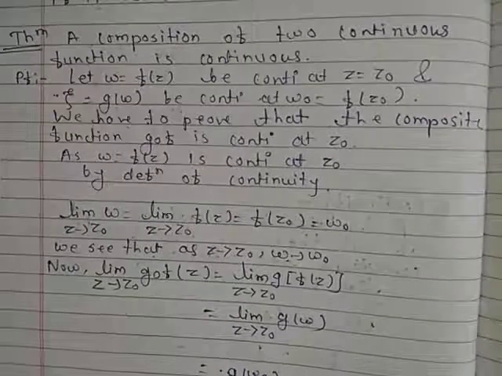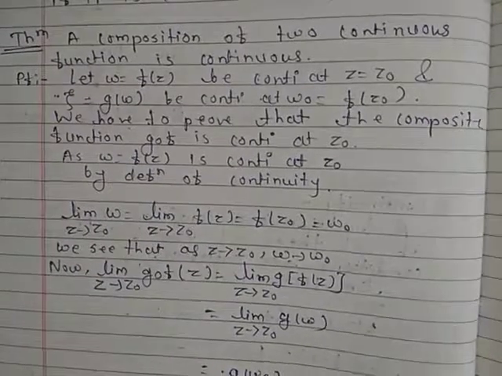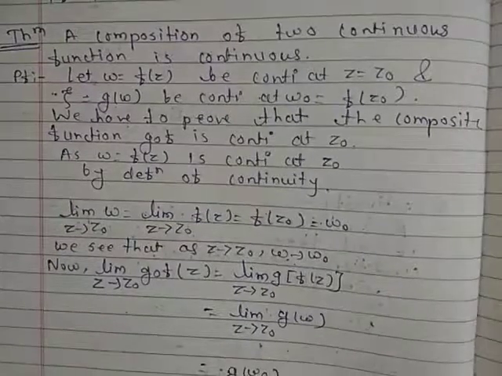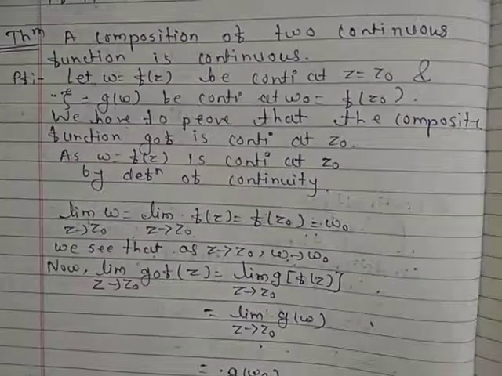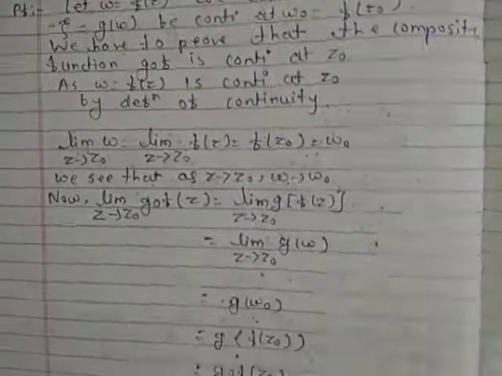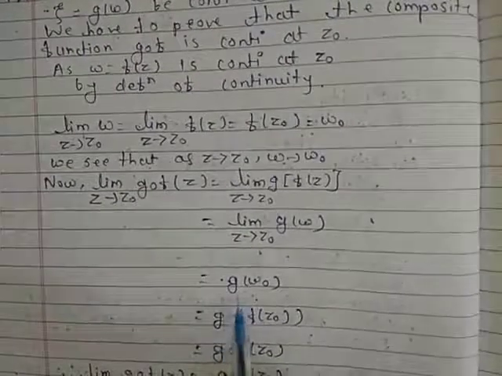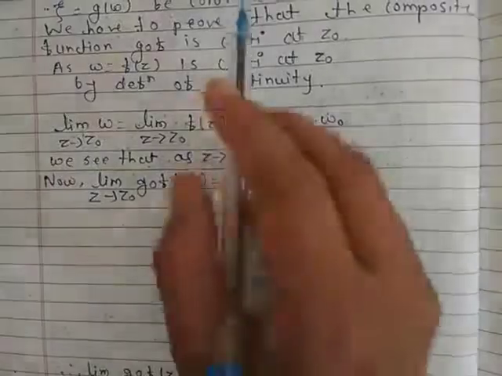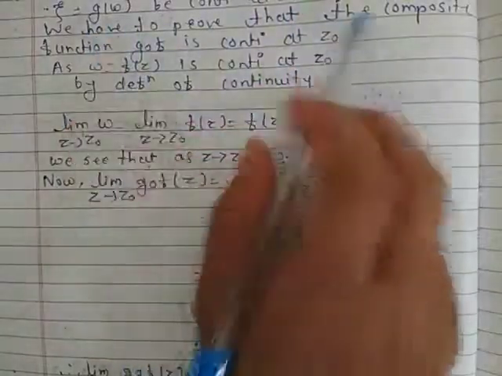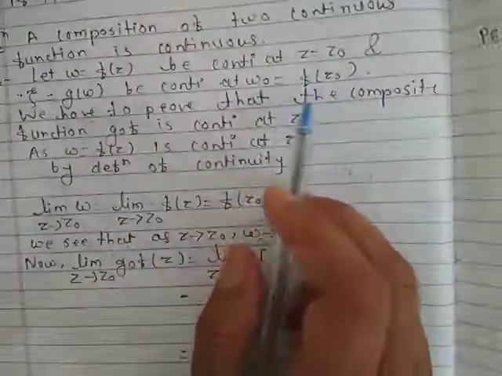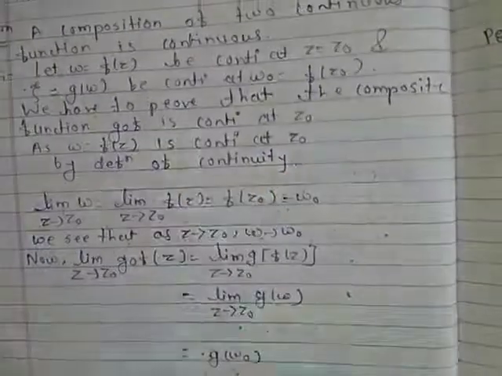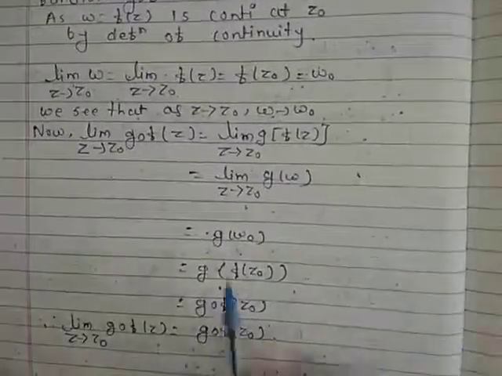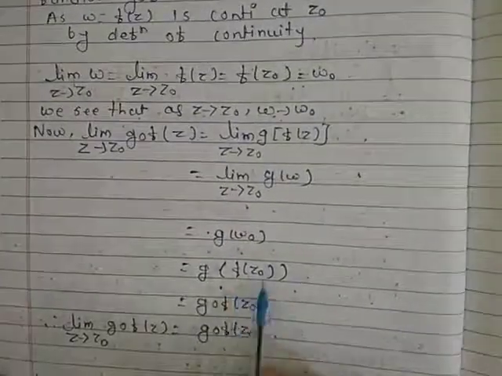So we will get limit z tends to z0 g composite f of z is equals to g of omega 0. Okay, omega 0 is nothing but f of z0, so we will get g of f of z0.